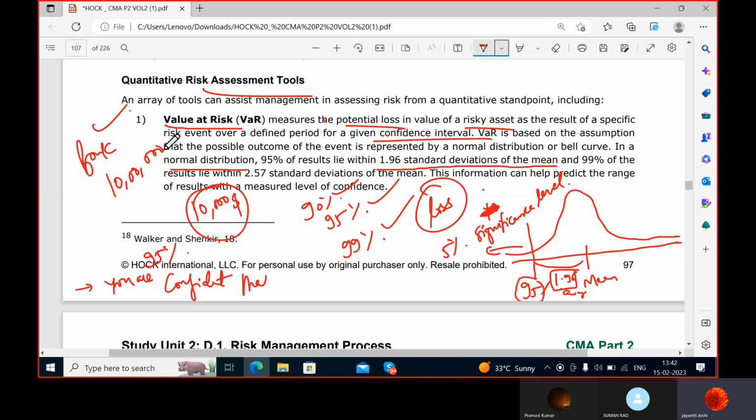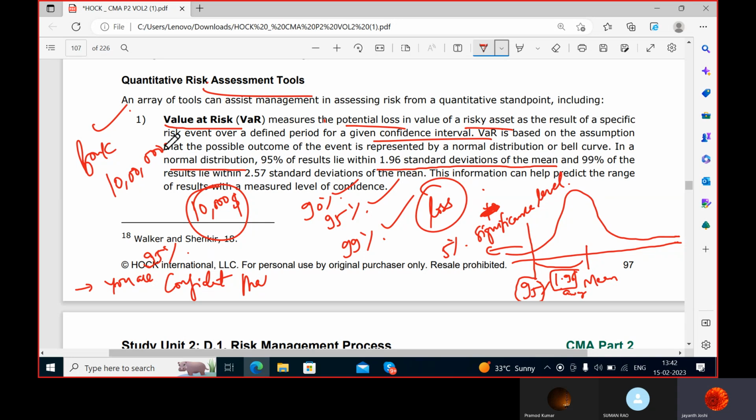Let's say he loses 10% of his sales. So a bank also gives loans to various people, and they have calculated that out of the loans they have given, some 10% they are going to lose, and that amount is 10 lakhs, correct?